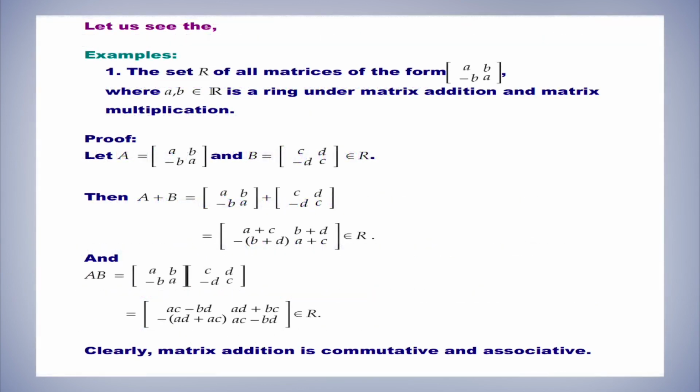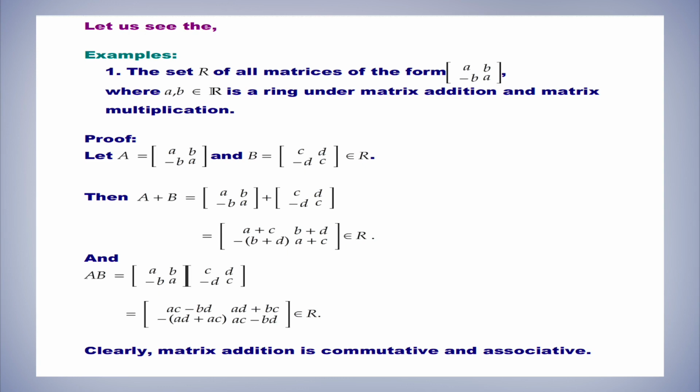Let us see an example. The set R of all matrices of the form [a b; -b a], where a, b in R, is a ring under matrix addition and matrix multiplication. Let us prove this.